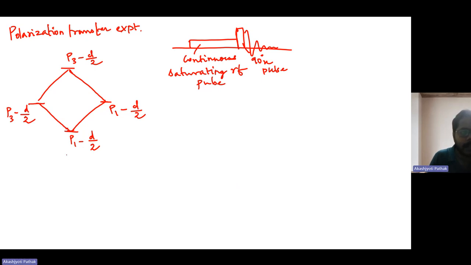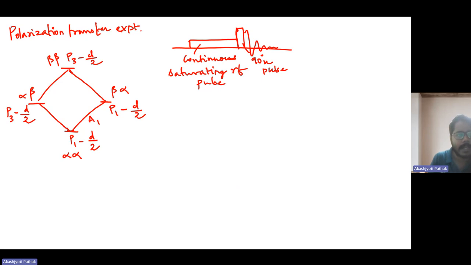Okay. So what is this? This was alpha alpha spin state. This was beta alpha. This is alpha beta, and this was beta beta. So what transition is taking place here? The alpha is changing to beta. This is known as the A1 transition, because the nuclear spin state of the A nucleus is changing from alpha to beta.